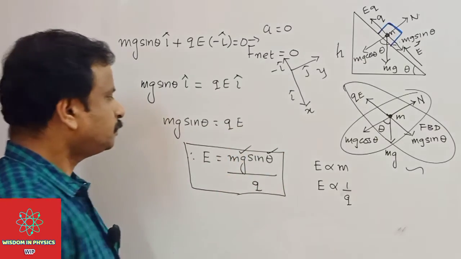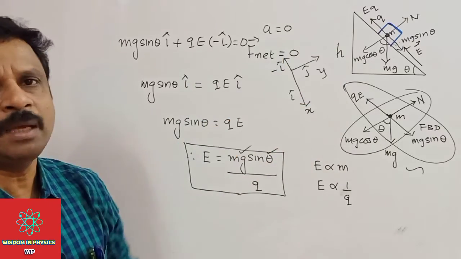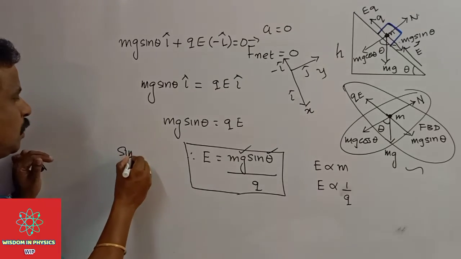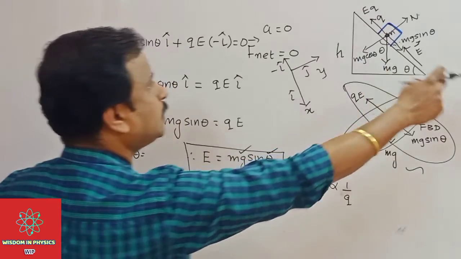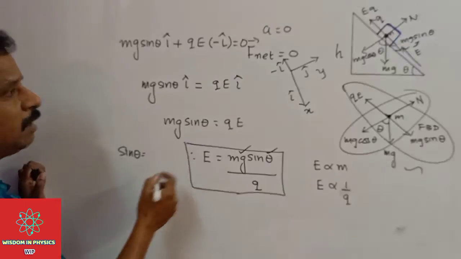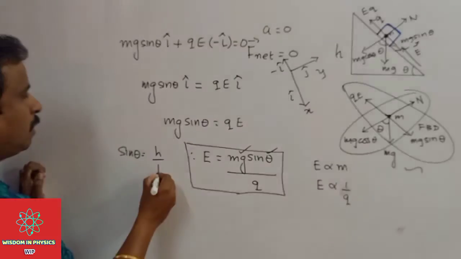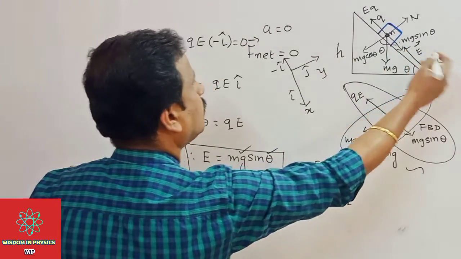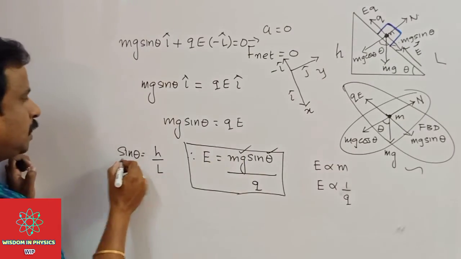And this electric field can also be represented in terms of the dimensions of the inclined plane, because we know that sin theta is equal to opposite side by hypotenuse. Opposite side is h, hypotenuse is the length of the inclined plane, that is L, as I have mentioned already. So h divided by L is sin theta.